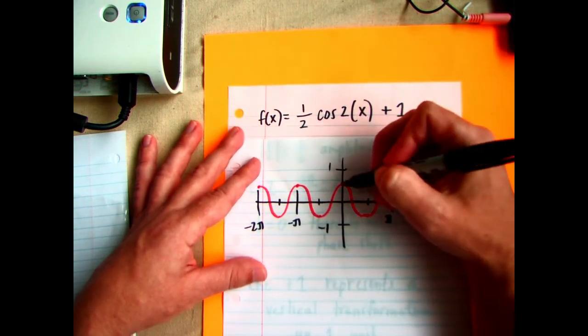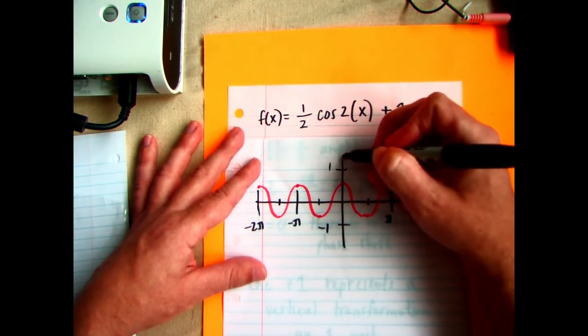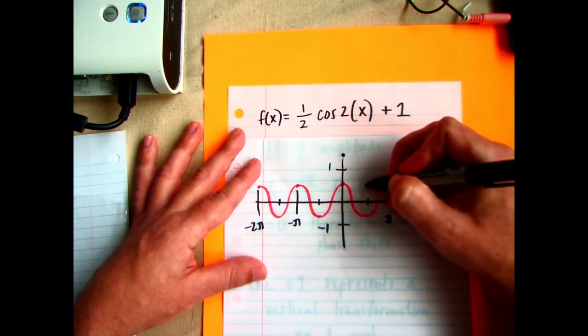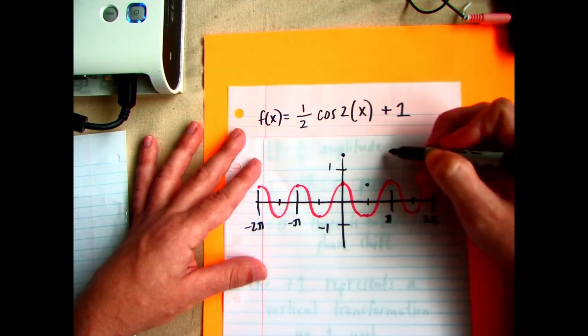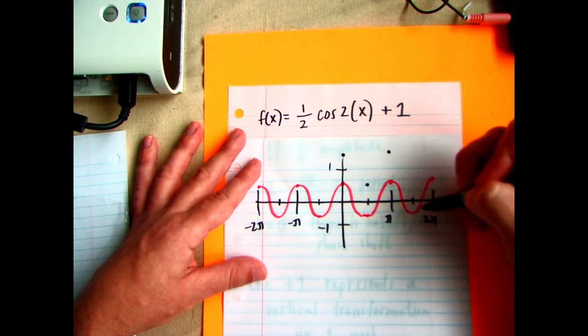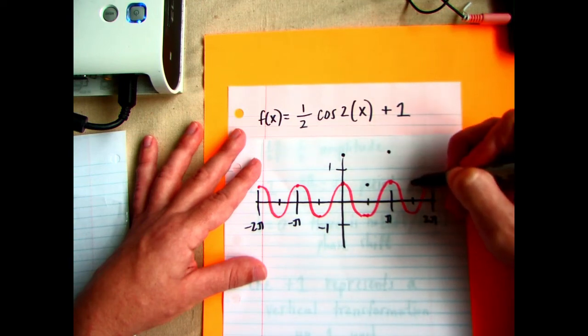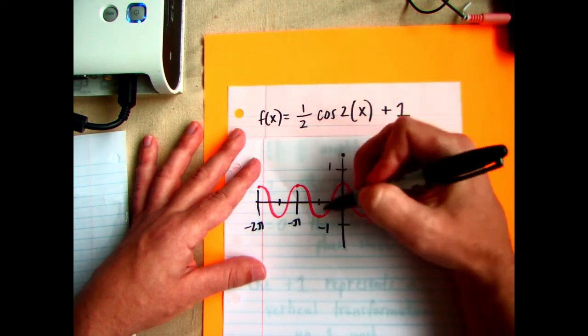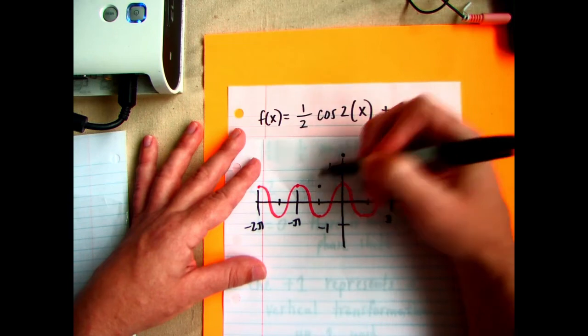Okay, so finally let's apply this +1. All the points on the red graph are going to get shifted up 1 unit. So I'm picking some points on my red graph and I'm moving them up 1 unit.